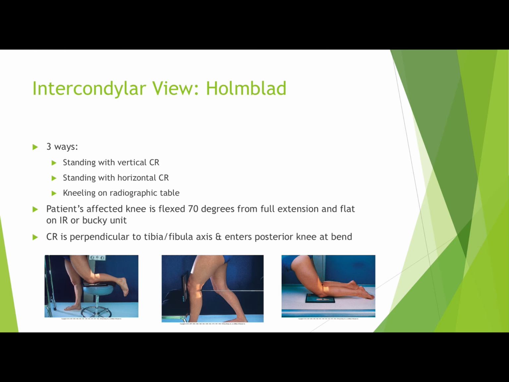Basically, the patient's affected knee is going to be flexed about 70 degrees from full extension and flat on the IR or Bucky unit. The central ray is going to be angled perpendicular to the long axis of the tibia and fibula, and it's going to enter the posterior knee at the bend.